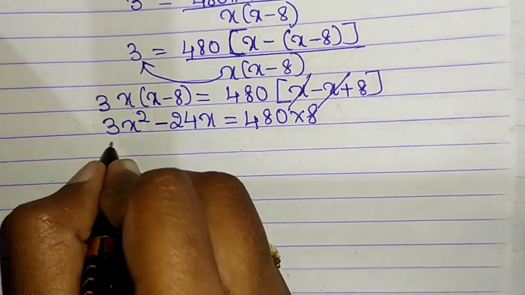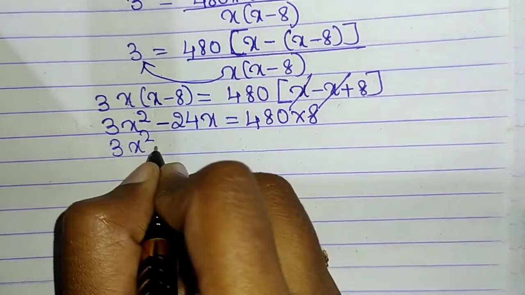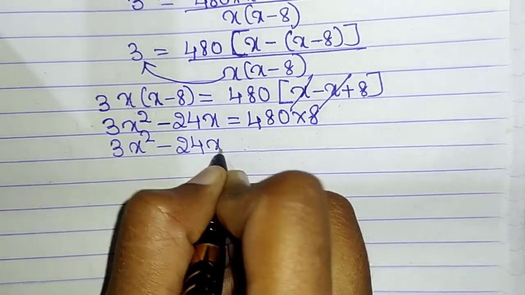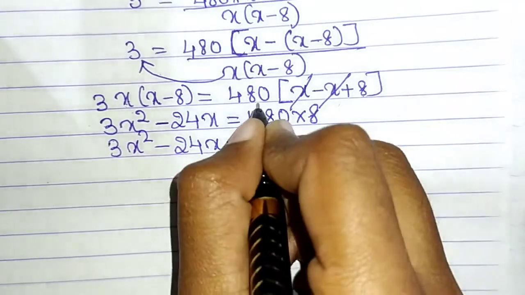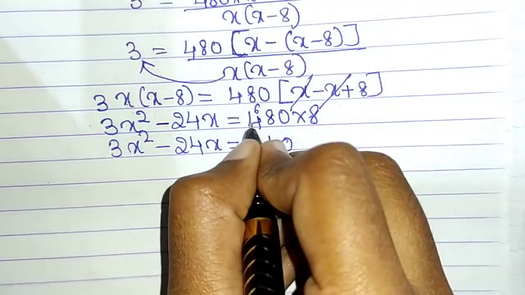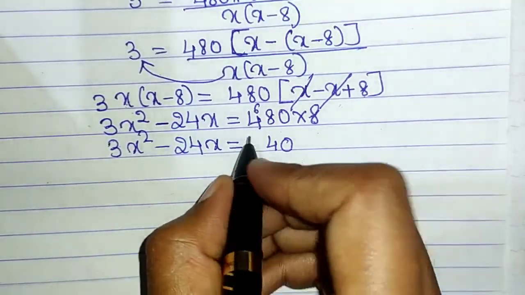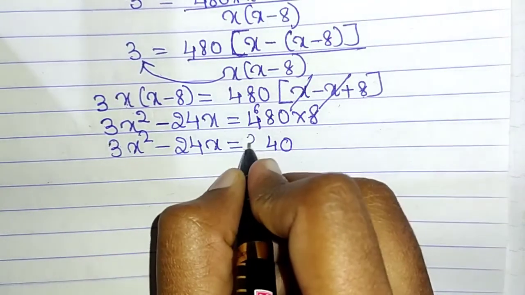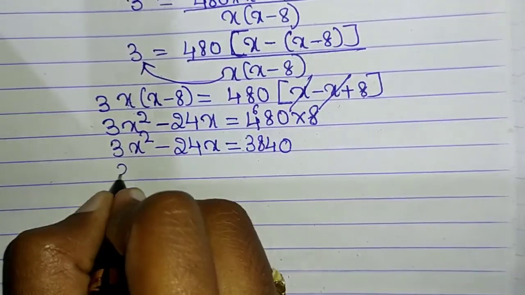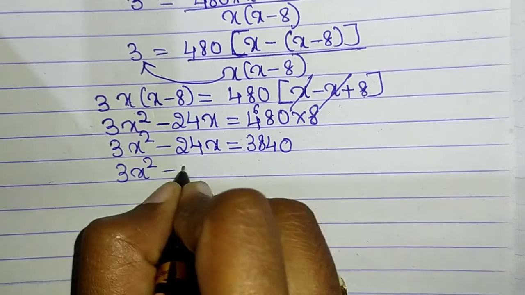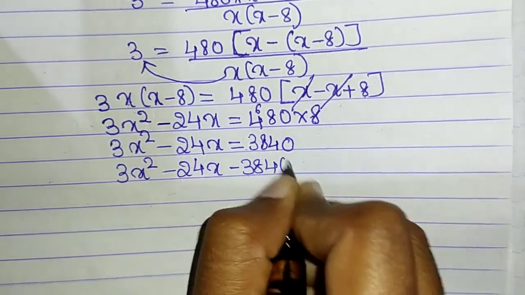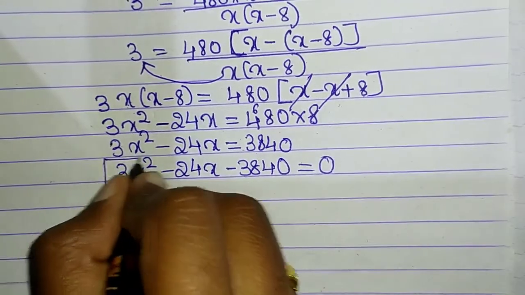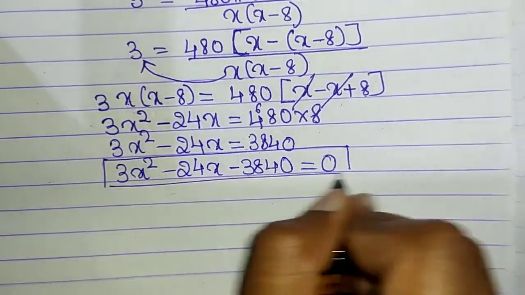So this implies 3x square minus 24x is equal to 3840. So on transposing, we get 3x square minus 24x minus 3840 is equal to 0, our required quadratic equation for the given situation.